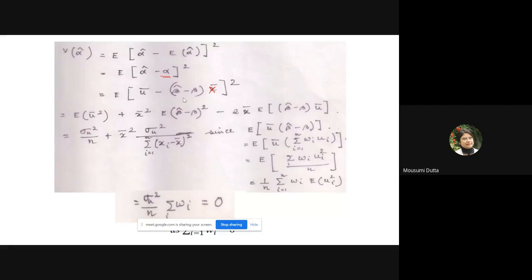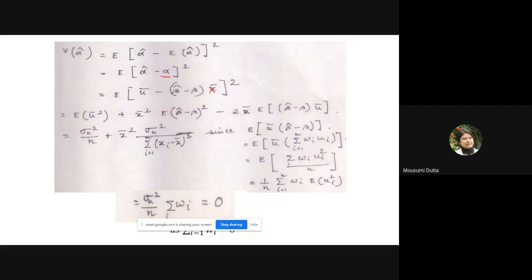After that, I'll consider the whole square. What you can do is first take the whole square, then in the next step operate expectation. Here I have done both simultaneously, but it will be better if you do it in two steps. So you keep expectation as it is. This whole square becomes u bar square plus beta hat minus beta whole square into x bar square minus 2 x bar into beta hat minus beta into u bar.